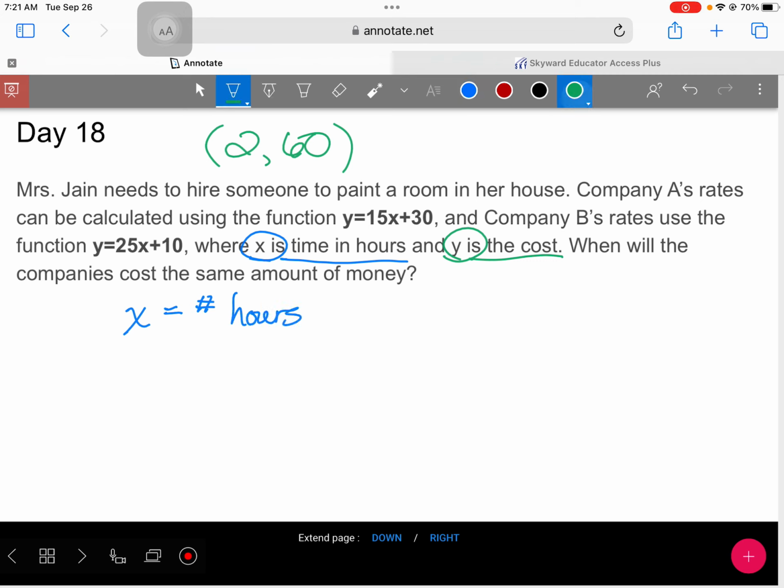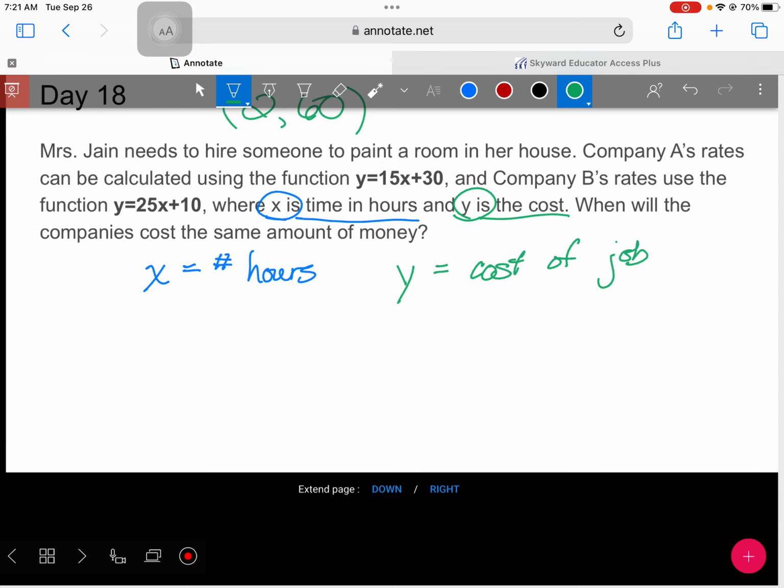Well, we already have that x is number of hours. And they give us that. And so that's really nice. y is equal to the cost of the job. Okay. And we know Company A, their rate is y equals 15x plus 30.